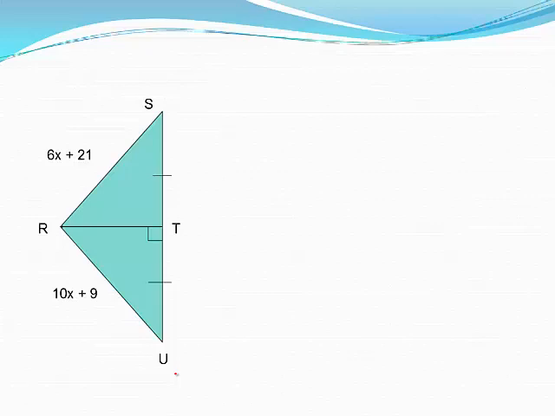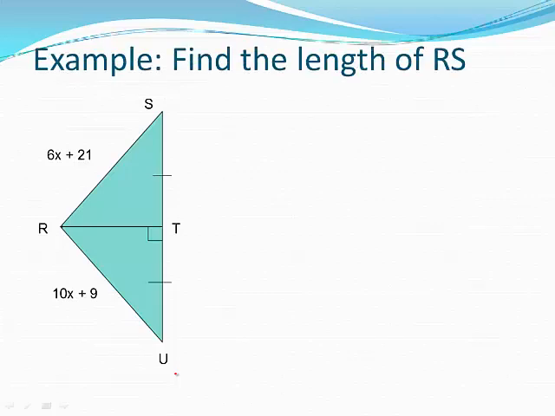Okay, so I have a figure here, and I'm asked to find the length of RS. So what do I see? I see a perpendicular symbol here, and that ST's length is congruent to TU's length. So that means R lies on the perpendicular bisector of SU. What can I conclude from that?